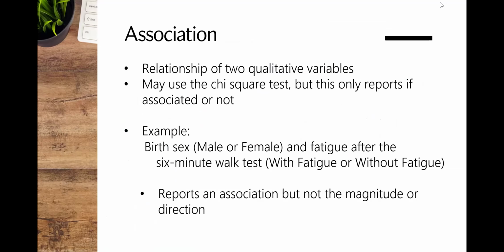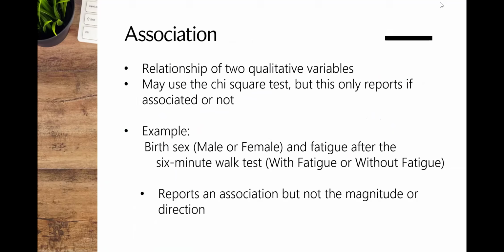Looking at association, this is what we use when we want to see the relationship of two qualitative variables. So sometimes the chi-square test is used, and it wouldn't be wrong, but that test only reports if there's association or not.